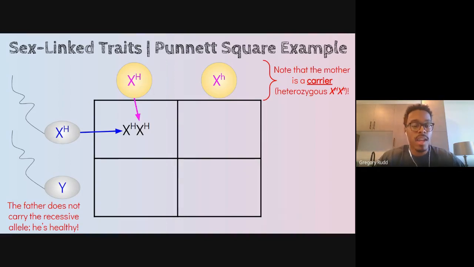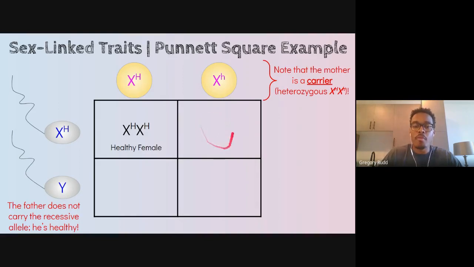And what else? Is this person healthy or not? Do they have hemophilia? They're healthy. They are indeed healthy. We know that they're healthy because they have the dominant allele. So this means that they do not have hemophilia. Hemophilia is the recessive allele. All right, let's do the next one.